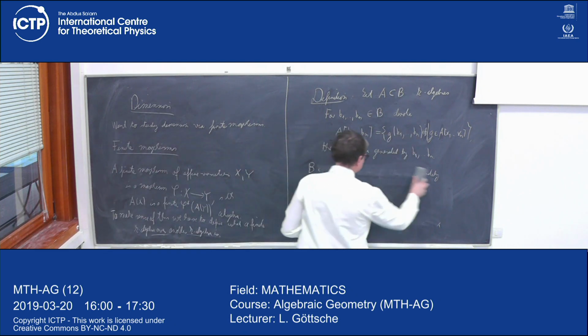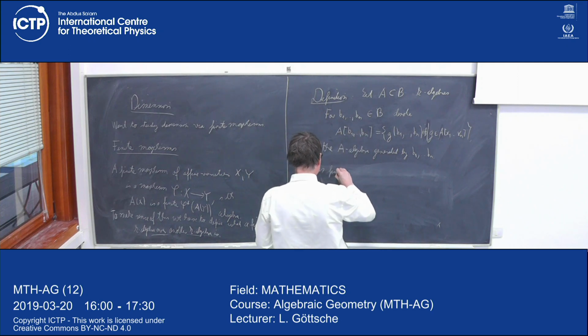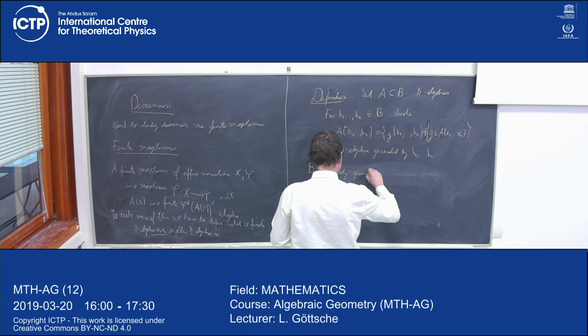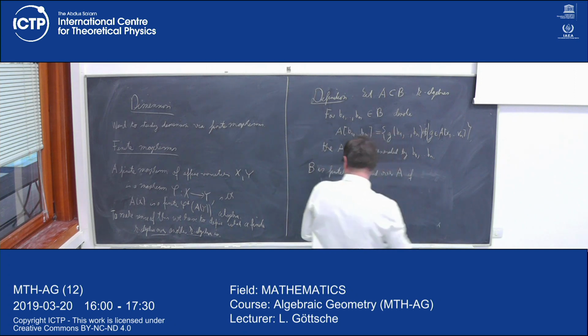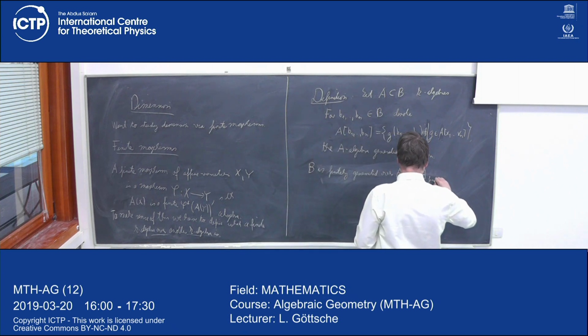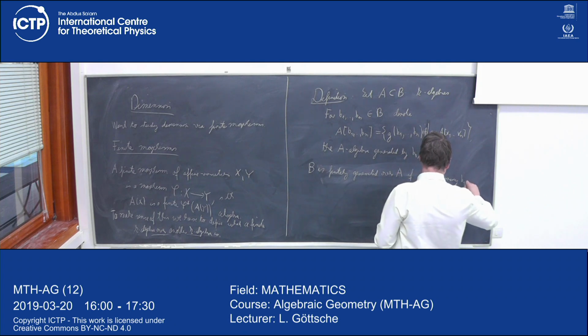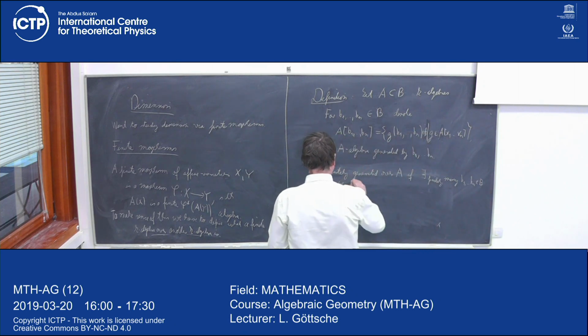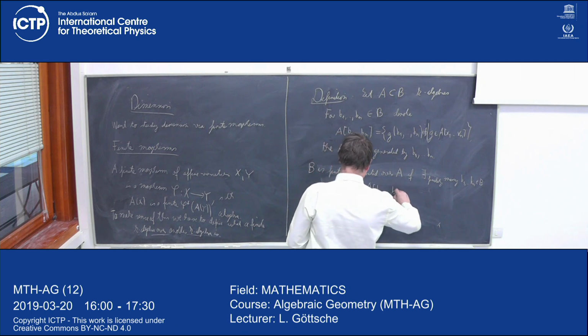So first we say B is finitely generated if there exist finitely many elements, say B1 to Bn in B, such that B can be obtained as the A algebra generated by it.